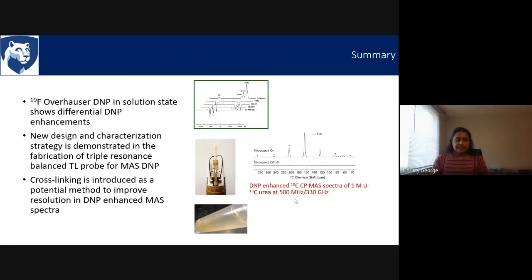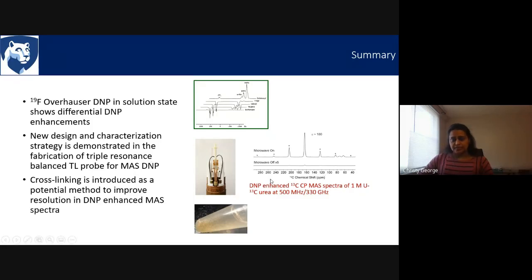So in summary, what I was trying to tell you is that DNP is a method to improve the sensitivity of NMR. We have done both solution state Overhauser based DNP, and we could see differential DNP enhancements for fluorine. And we have built two balanced transmission line probes for DNP.